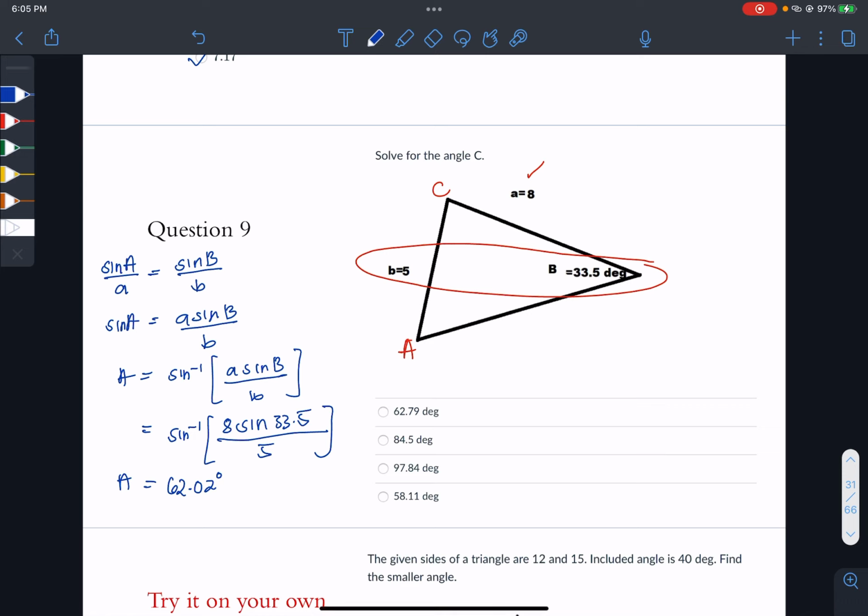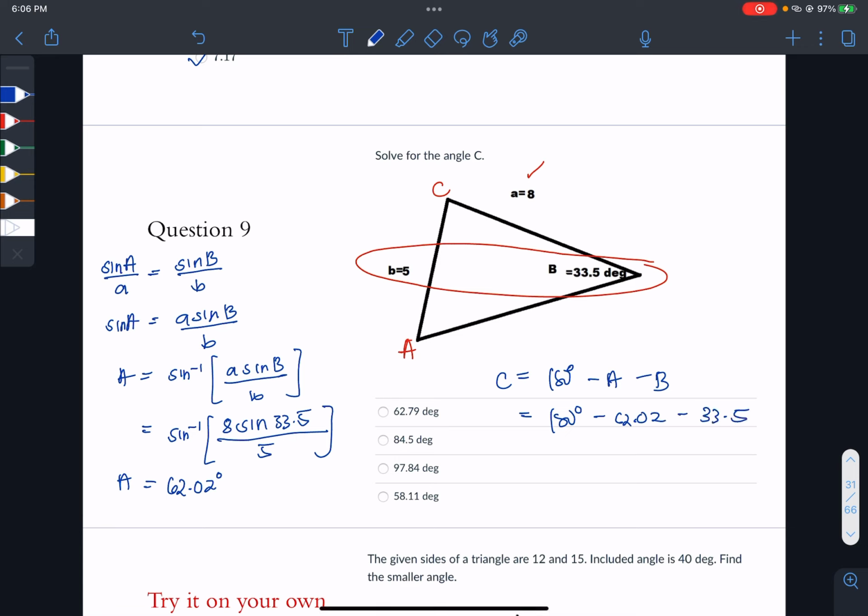However, that is not the answer, right? Because remember, C is 180 degrees minus A minus B. So 180 minus 62.02 minus 33.5.